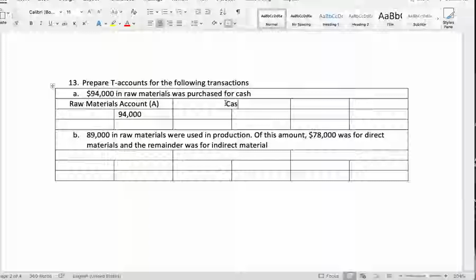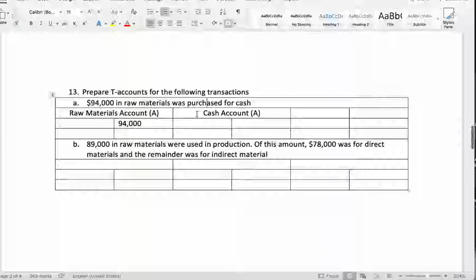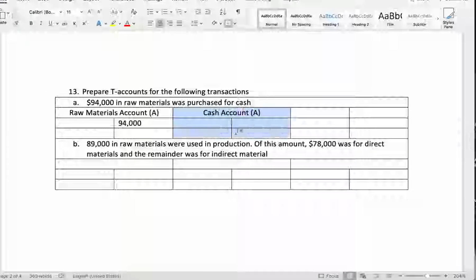Now, the next account we have, what's cash? Okay, the cash account. The cash is an asset account, so I'm going to put an A. Okay, remember, and this is our T account. Okay, the line that underlines cash, that's the top bar, and then the side thing's going to be our vertical bar.